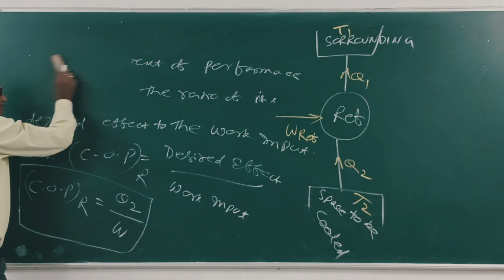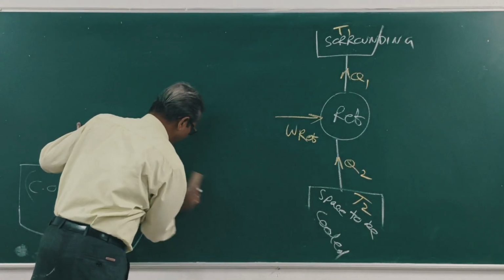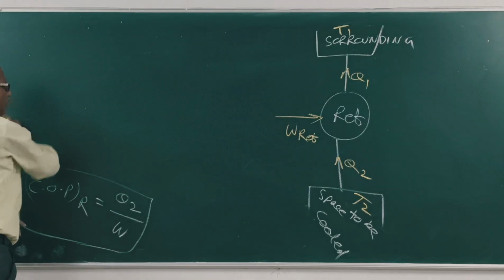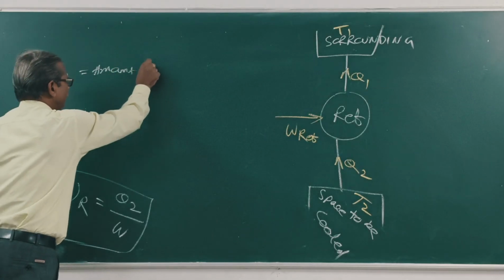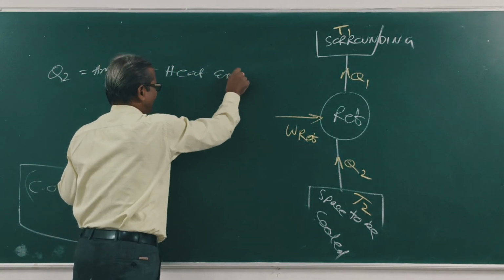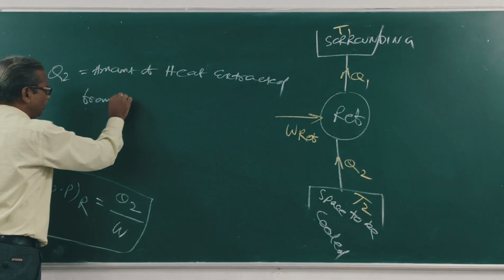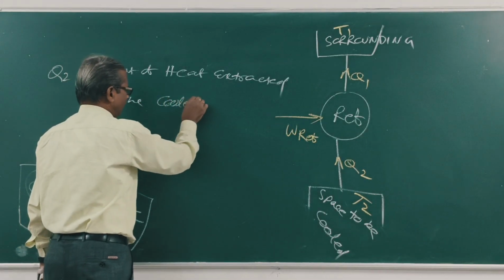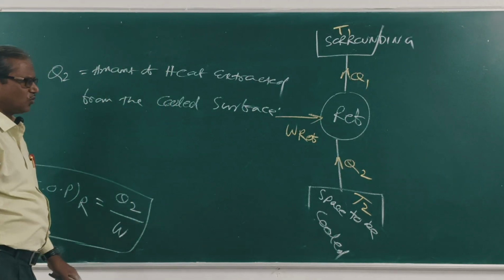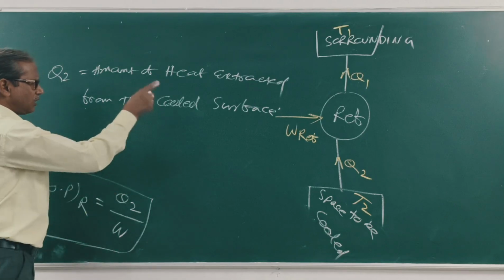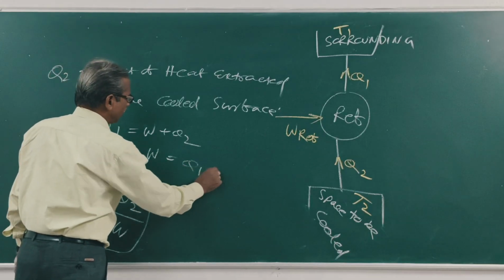Now what is Q2 equal to? Q2 is equal to the amount of heat extracted, Q2, from the cold surface, right? This is Q2. What is this? W. Now here Q1 is equal to W plus Q2. So W is equal to Q1 minus Q2.